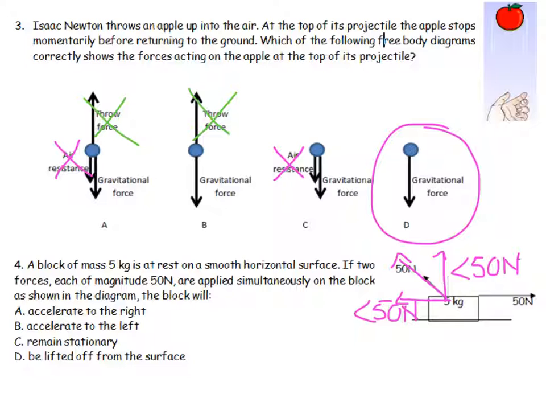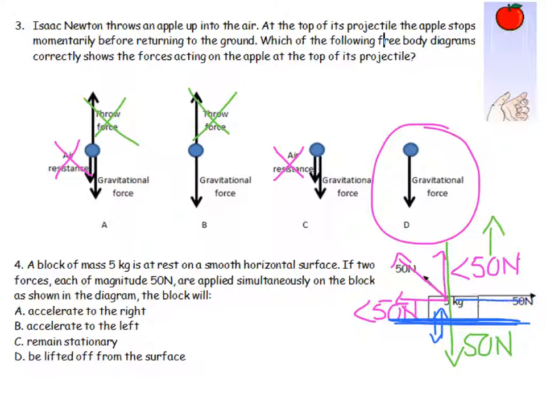So let's look at this. In the vertical plane, I've got 50 newtons acting downwards and less than 50 newtons acting upwards. That means that overall this body would have a force going downwards, but there's a table in the way which will give a normal force, and therefore it's all going to stay still. In the horizontal direction, what are our forces?